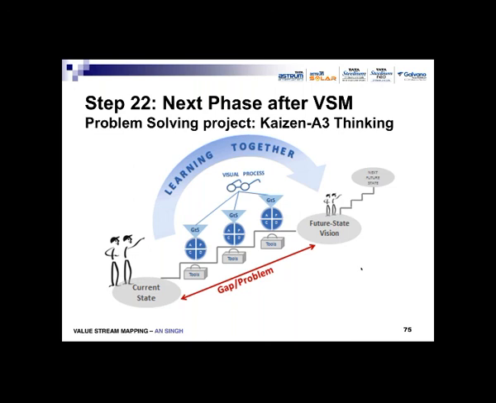So brick by brick, year by year, using value stream mapping and learning problem solving techniques, A3 process thinking, we continue to improve our process to create a benchmark, to increase our production, productivity, quality, competitiveness, sales volume, and profitability.